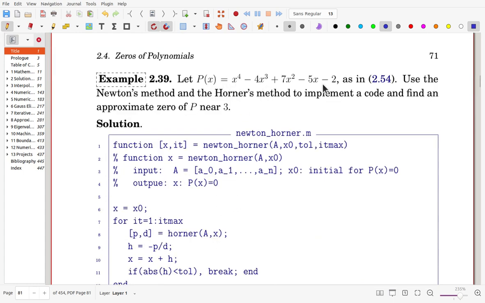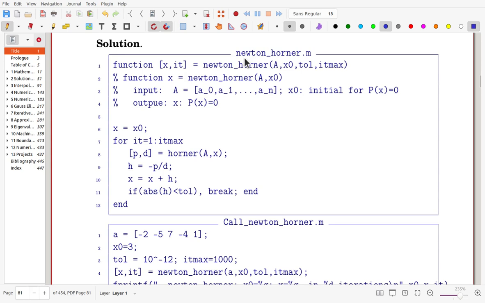Now for the polynomial, we use Newton's method and Horner's method to implement a code and find an approximate zero of P near 3. That means we start with 3 and try to find a zero of the polynomial around 3. Here is NewtonHorner, and again coefficients are collected from A0, and x0 must be 3.